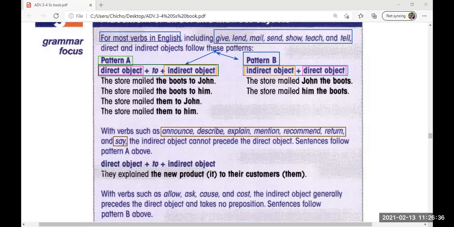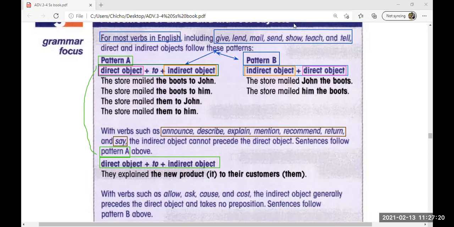Entonces, we follow pattern A. Right? So we follow the one that we have here. For example, they explain the new product to their customers. We cannot say they explain their customer the new product. So in some verbs, we cannot use pattern B. In this case, we use just pattern A.